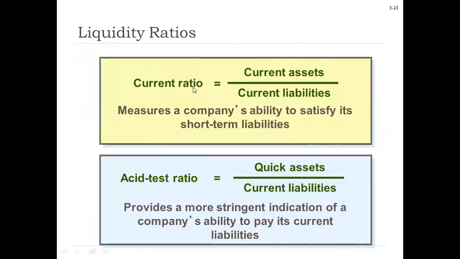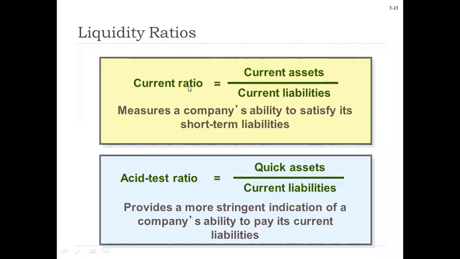Important ratios. Liquidity ratios measure how able a company is to pay its short-term debts when they come due. Can they pay their current liabilities when they come due? What does a company need to have in order to pay their liabilities? They need to have cash or other current assets that can be converted to cash relatively quickly.